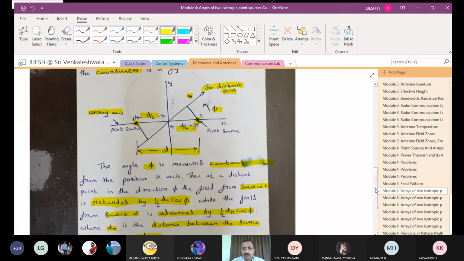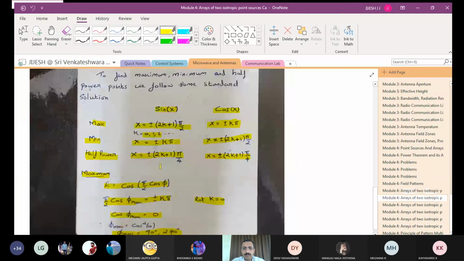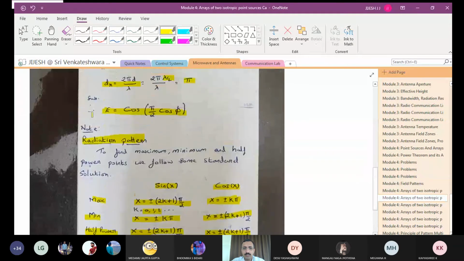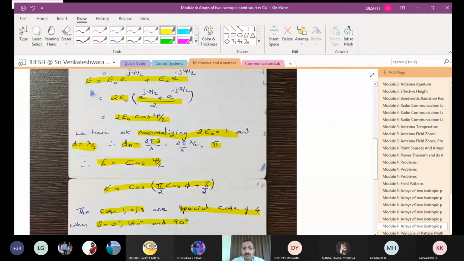I am going back to the first case. What I got here, E is equal to cos of pi by 2 cos phi, just by substituting delta is equal to 0. That is case 1.